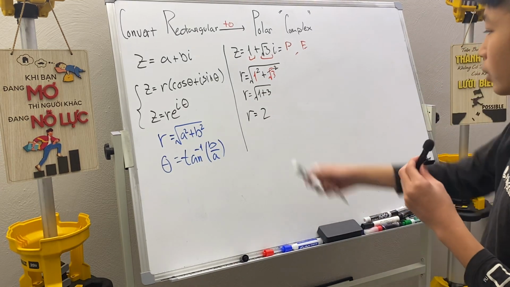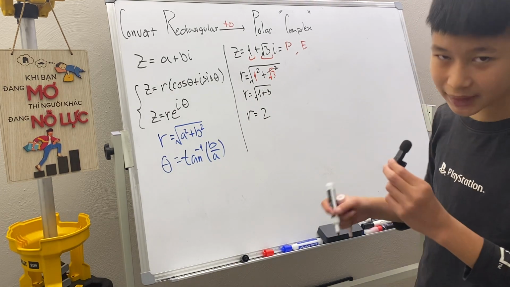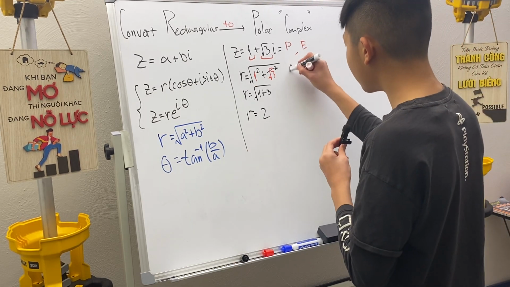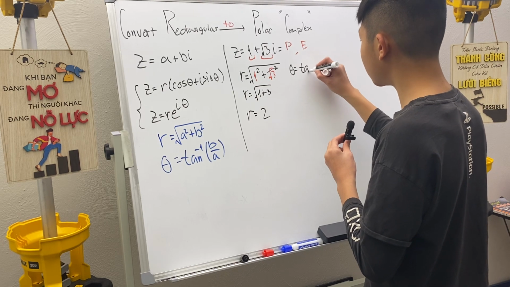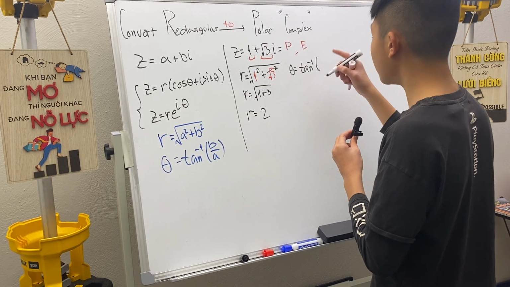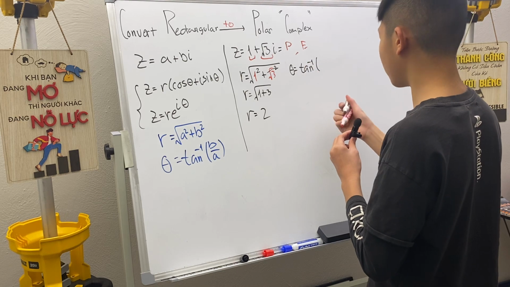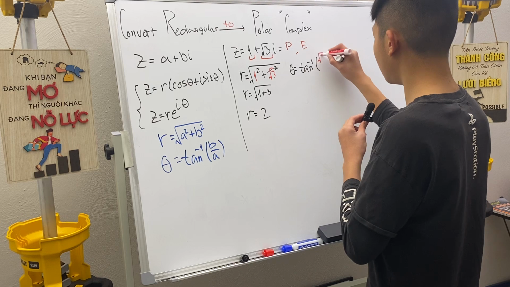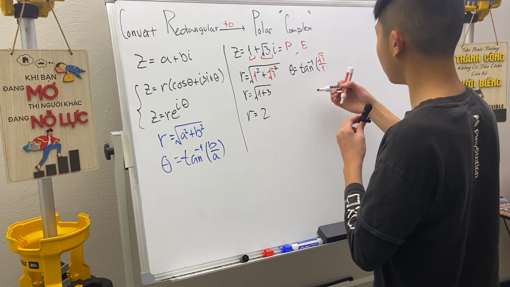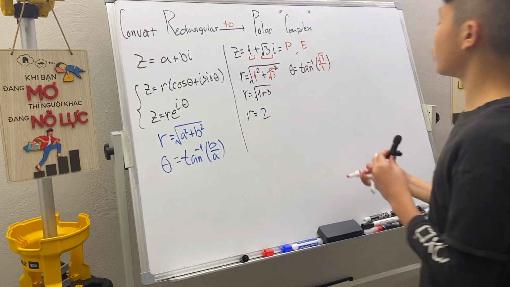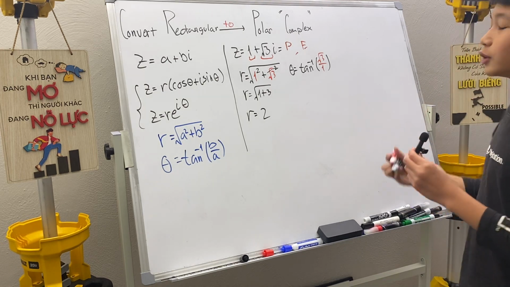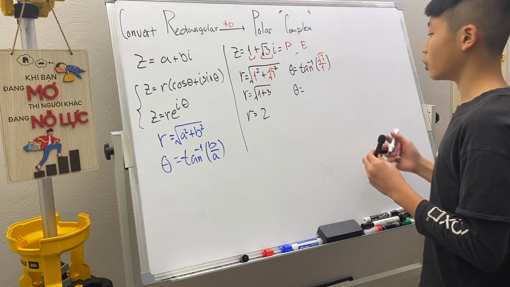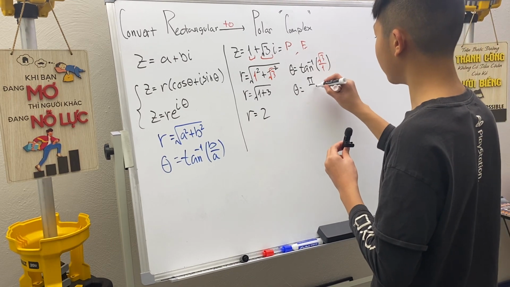Now the angle theta equals the inverse tangent of b, which is square root of 3, over 1. Square root of 3 over 1 is square root of 3, so the angle is the inverse tangent of square root of 3, which is pi over 3.